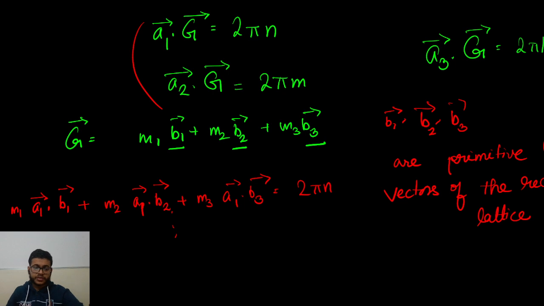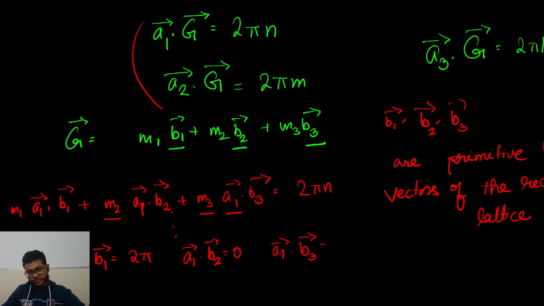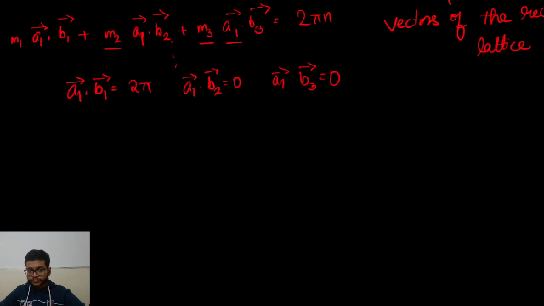Same with the others. So why can't we construct something like, let's say, put these to be 0? So we take three vectors and transform them to another three vectors such that a1 dot b1 is 2 pi, a1 dot b2 is 0, a1 dot b3 is also 0.